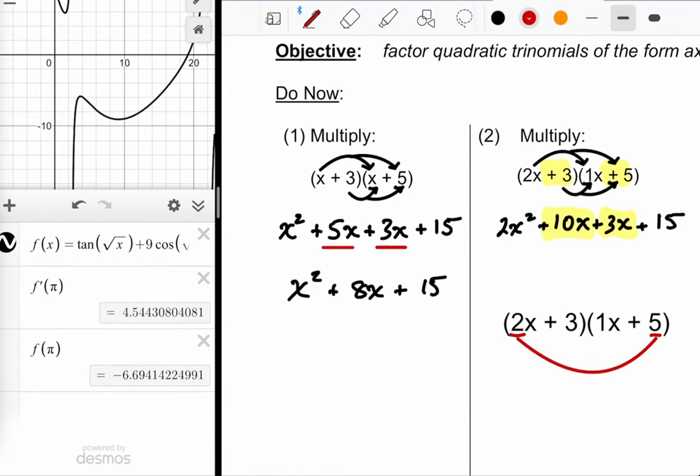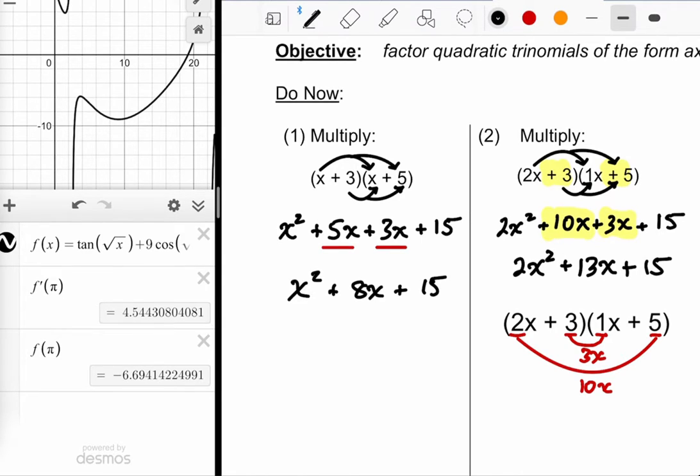So that'll give you the 10x that we're looking for. The 3 times a 1 will give you a 3. Bring the x along for the ride. That'll give you a 3x. And these two numbers, the 3x and the 10x, are the two values that make up the expansion. Now, if I wanted to go the rest of the way and simplify this, I would get 2x squared plus 13x plus 15.